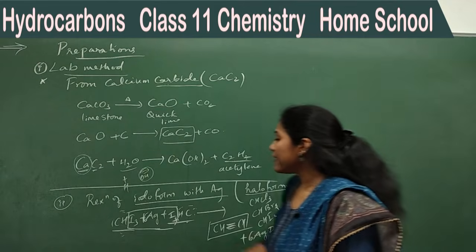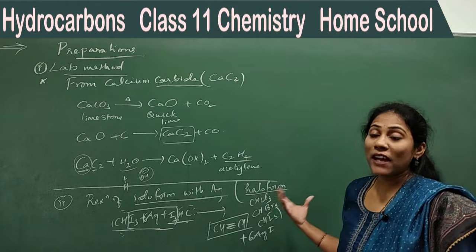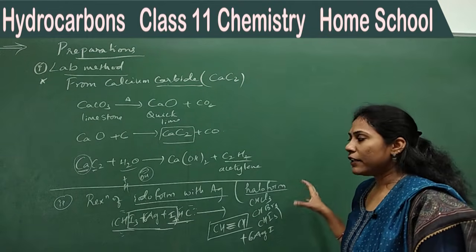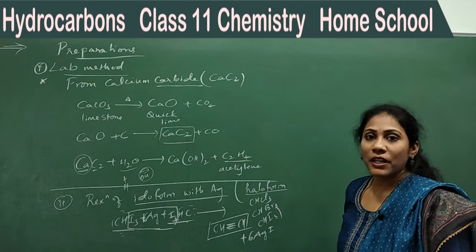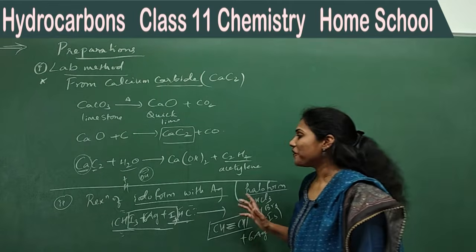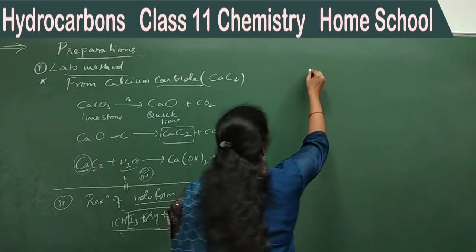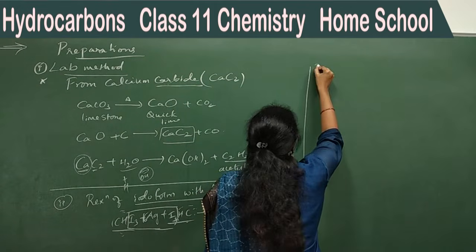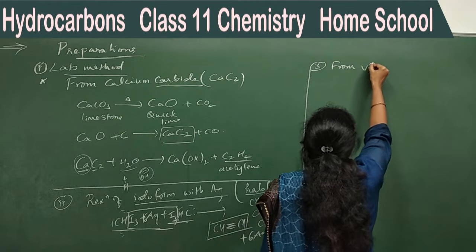In place of iodoform you can also have chloroform and bromoform. The reaction takes place the same way. This is one of the very, very important reactions for competitive examinations. Questions have been asked on this. Clear? Fine. Coming to another important preparation of alkyne, the third preparation is from vicinal dihalides.